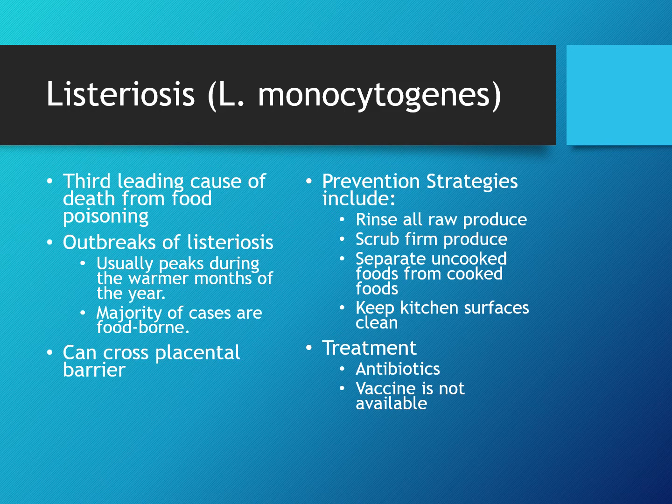And this could lead to miscarriage, stillbirths, and it can also cross the placental barrier. So in that regard, there's a late onset form of listeriosis that can be transferred to the fetus, and then a couple weeks after the baby is born, it can develop meningitis or meningoencephalitis with septicemia as a result.